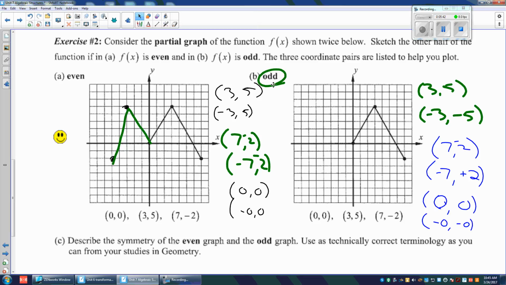Well, of course, negative 0, 0 is just the same as 0, 0. Let me plot those points. Now, the order in which you connect them is important. Okay, so the first one we go to 0, 0, then here, then there.